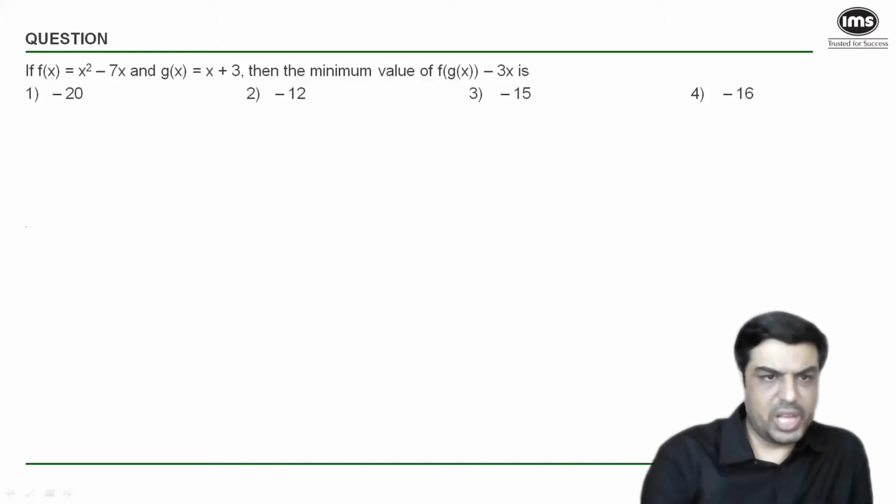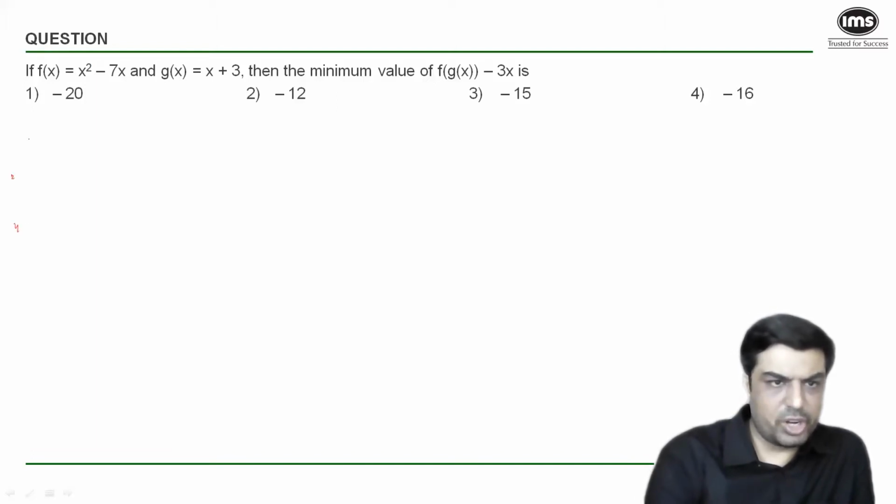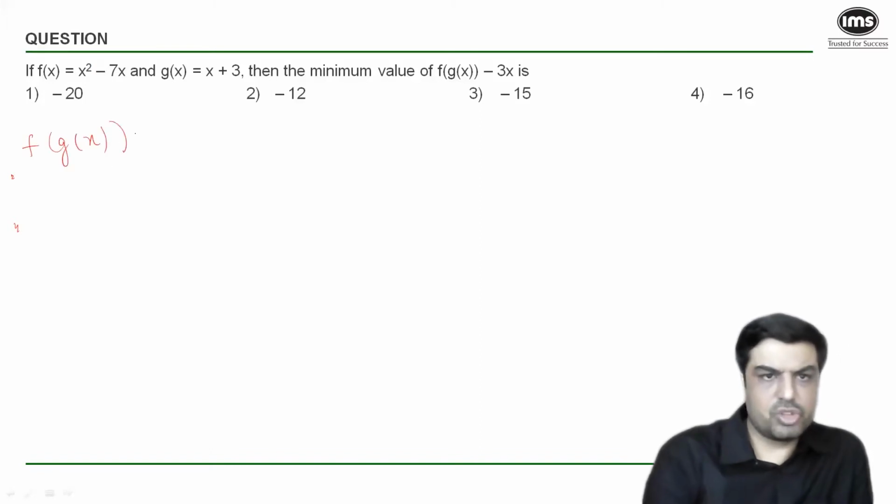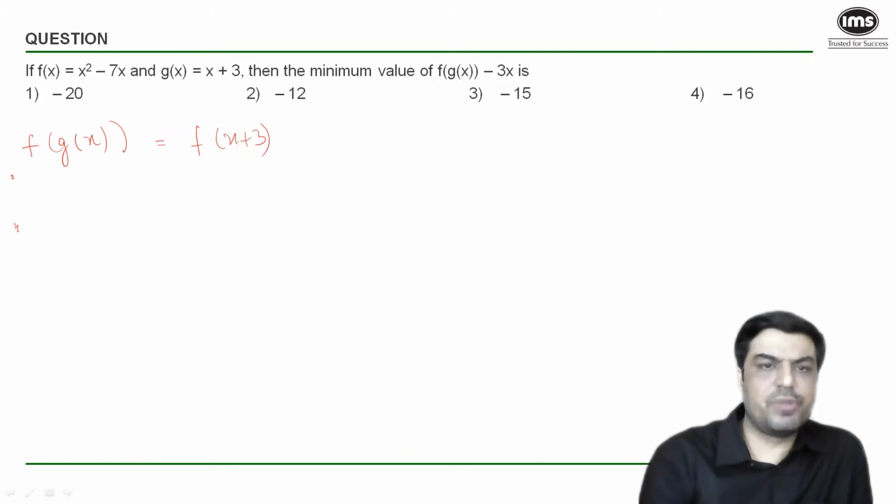First we will calculate the composite function. What is the composite function here? It is f of g of x. Now g of x is given to us as x plus 3, so this is simply f of x plus 3. Function f of x is already given to us. If I'm looking for f of x plus 3, I will just substitute x plus 3 for x.